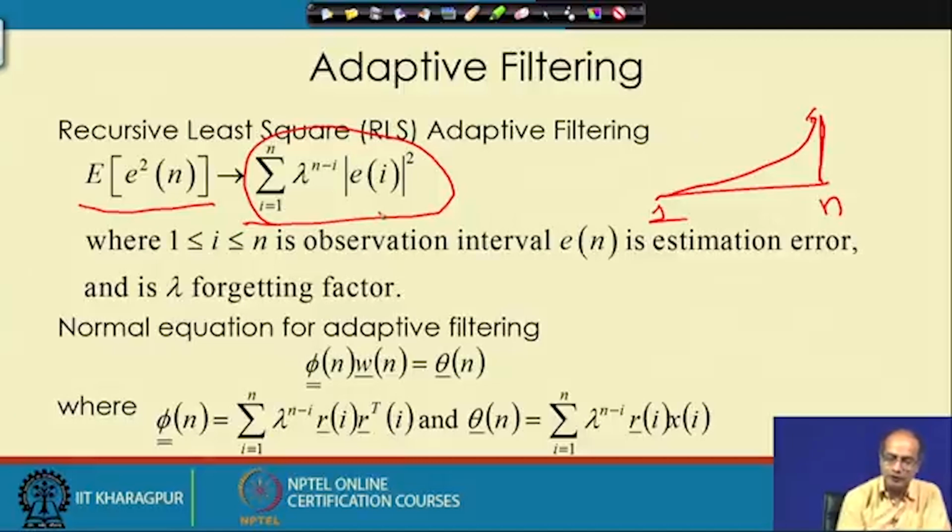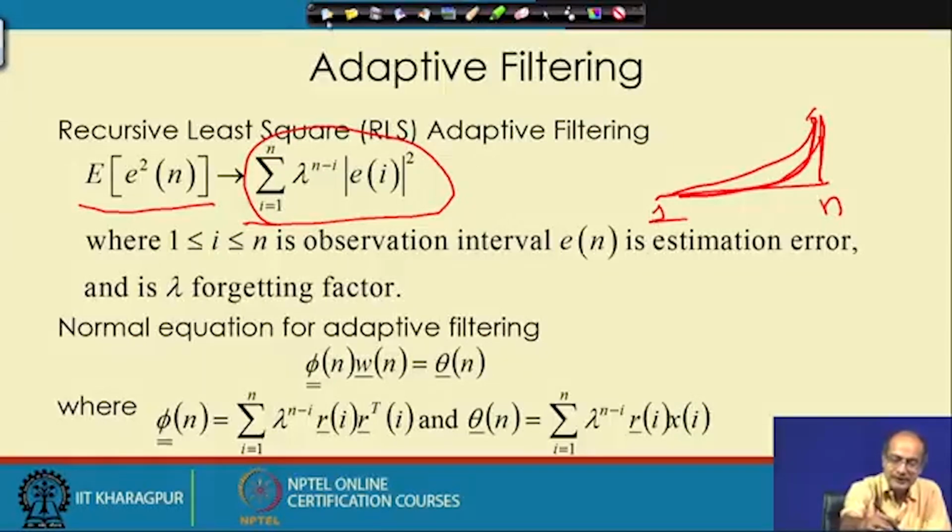The smaller the value of lambda, the faster this will move towards 0, and thereby the changes will be more. But if we take lambda very small, then there is a penalty. The penalty is that the averaging would also be less, and that means it will again give more weight vector noise.